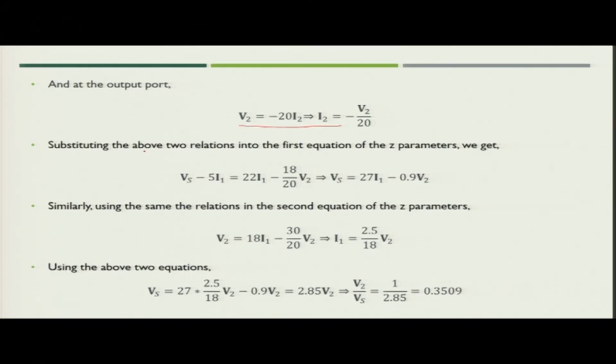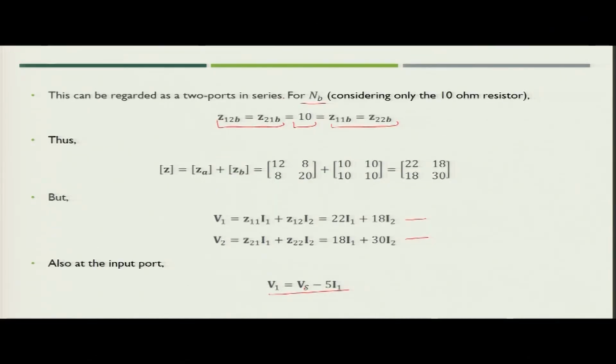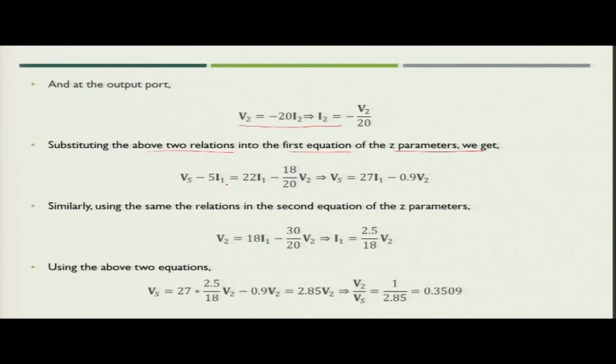Now, we substitute the above two relations into the first equation of Z parameters. So, in place of V1 we write Vs minus 5 I1. So, Vs minus 5 I1 is equal to 22 I1 minus, we replace I2 with V2. So, we simply get Vs in terms of I1 and V2. Similarly, from the second equation, if we simplify while putting the value of I2 equal to minus V2 by 20, we get the value of I1, that is 2.5 by 18 V2.